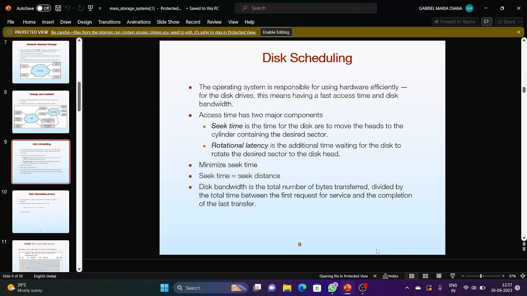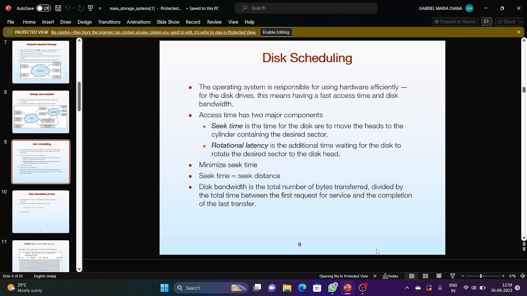It is the time required for the read write head to access the data from the sector. And what is rotational latency? Rotational latency is the amount of time it takes to access the data from the desired sector.